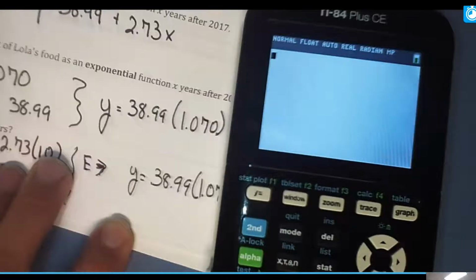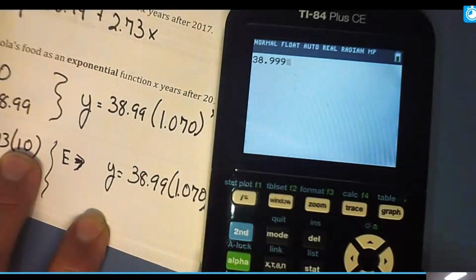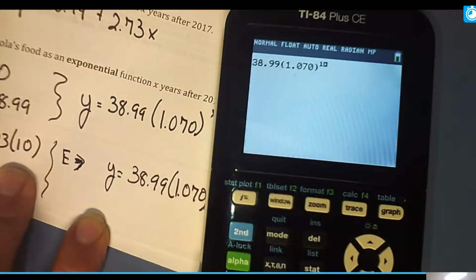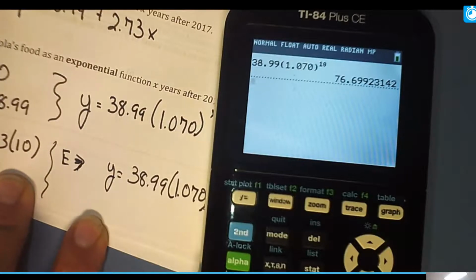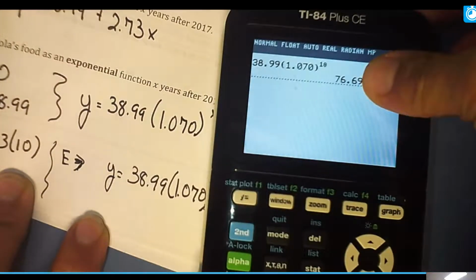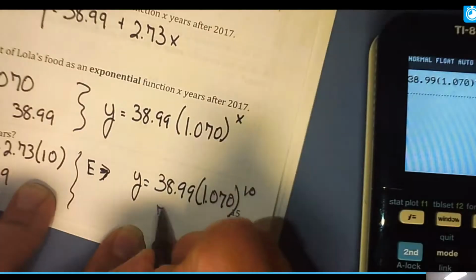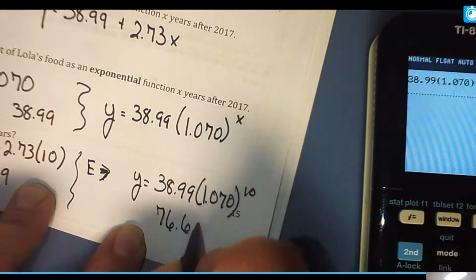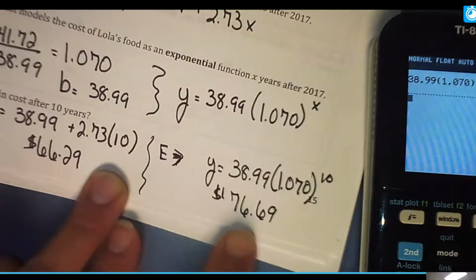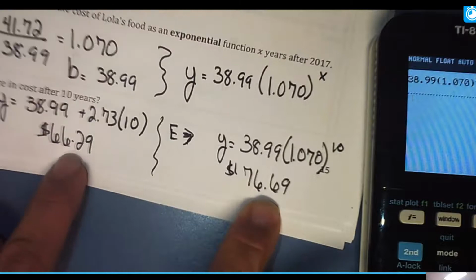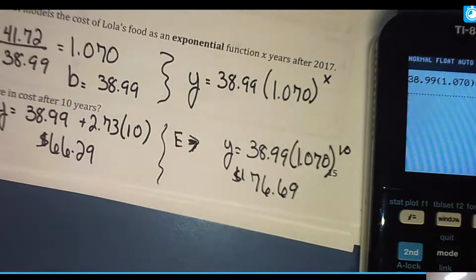So I'm going to go back here, 38.99, oops, too many nines, parentheses, hit that exponent button, and now I'll put in 10. And now the price is $76. And again, we said for money, let's just cut it off, 69 cents. If you really like rounding, then make it 70 cents. So $76.69. So what's the difference in cost? It's about $10. Okay? And that's it.